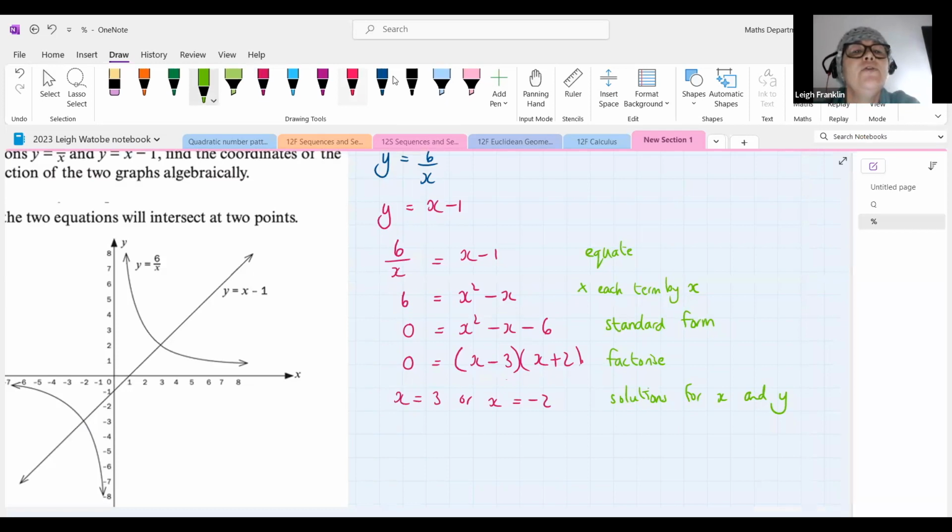Grade 11s, you would get a mark for equating. You would probably get a mark for getting into standard form. You get a mark for your factors. Do not leave off the equals 0. Don't be lazy and imply that it's equal to 0. Write that it is equal to 0 on that line.